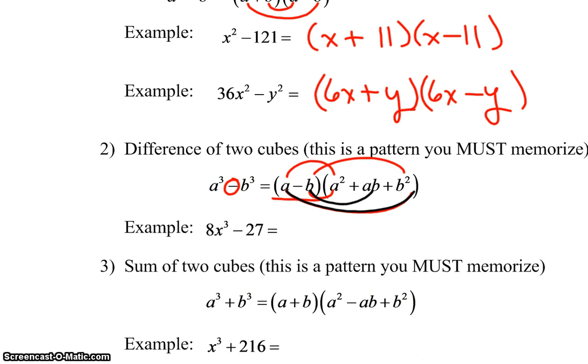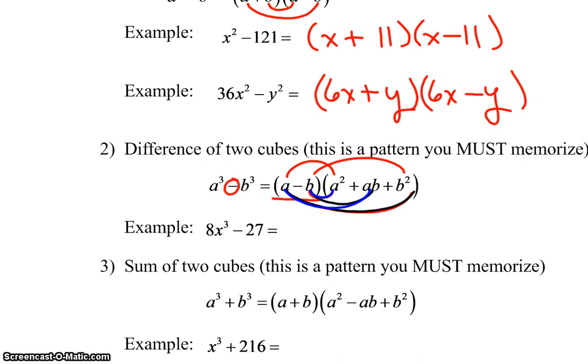When you multiplied the negative b times the a squared, you got a negative a squared b. When you multiply the a times the ab, you get a positive a squared b, making all of those terms go away.